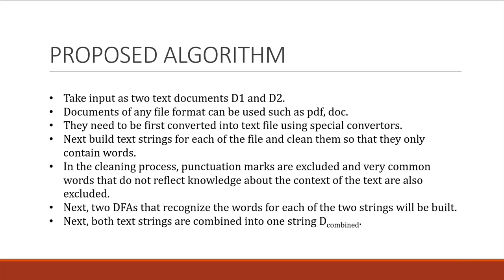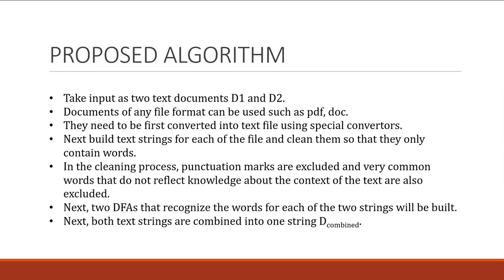So our proposed algorithm is that we take two text documents D1 and D2 as inputs, and the documents can be of file formats such as PDF or DOC, and they need to be first converted into text files using special converters. Next, we build text strings for each of the files and clean them so that they only contain words.